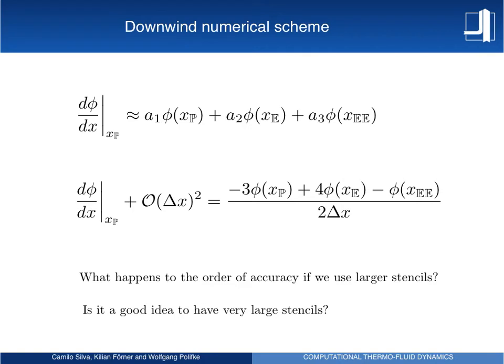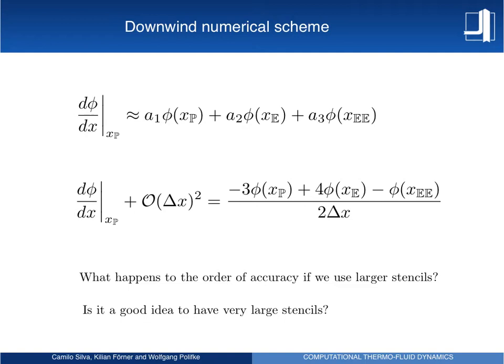Okay, so we come back to the slides and we visualize here the expression of the derivative of phi with respect to x. Now we have here an equality because we have added the truncation error in the expression. Remember, we just said it is second order accurate. So you realize that taking into account 3 equations, we were able to obtain a numerical scheme which is second order accurate.